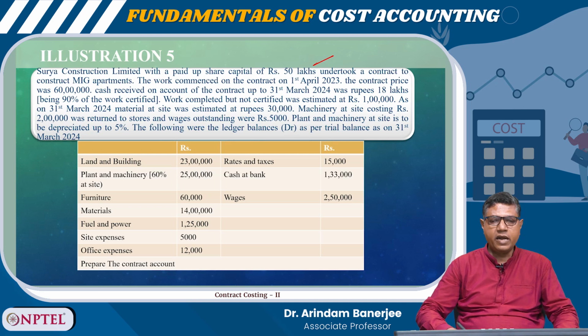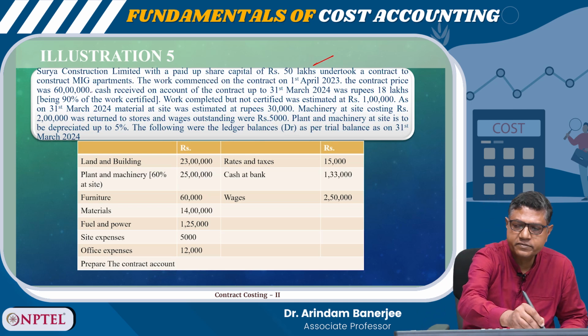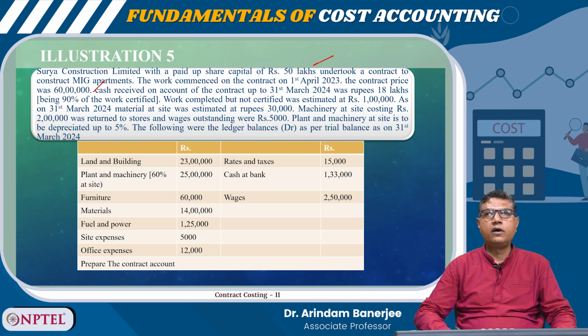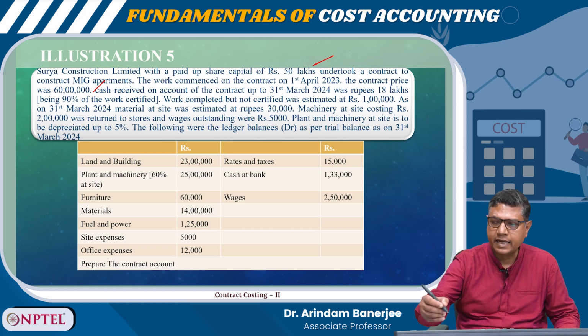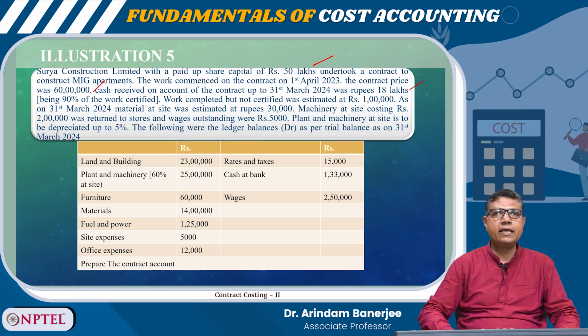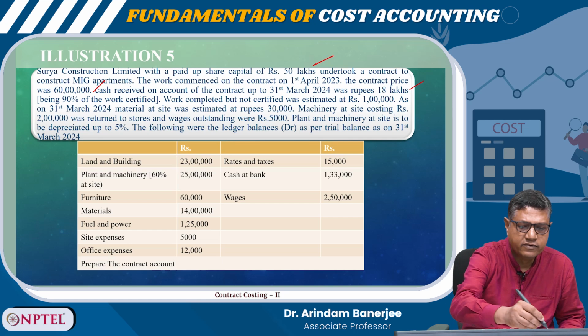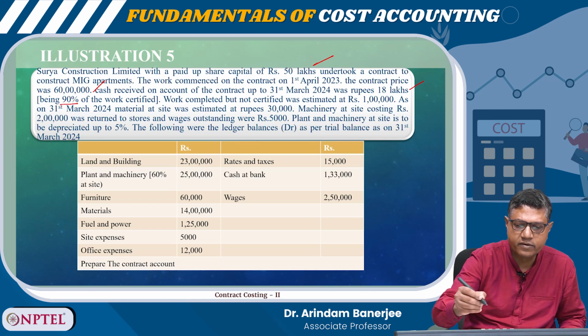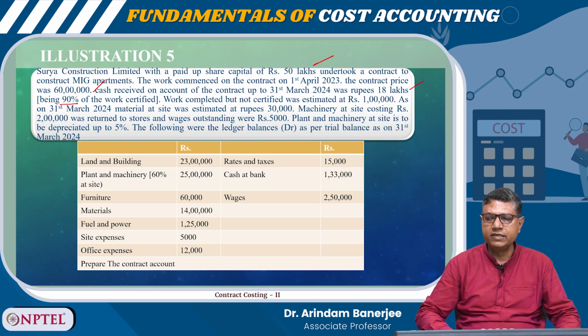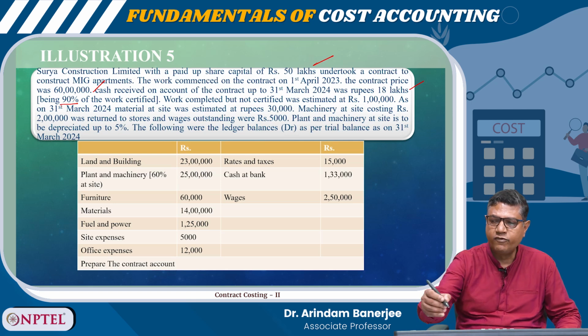The contract price was 60 lakh. Cash received on account of the contract up to 31st March 2024 was rupees 18 lakhs, being 90% of the work certified. Work completed but not certified was estimated at rupees 1 lakh.